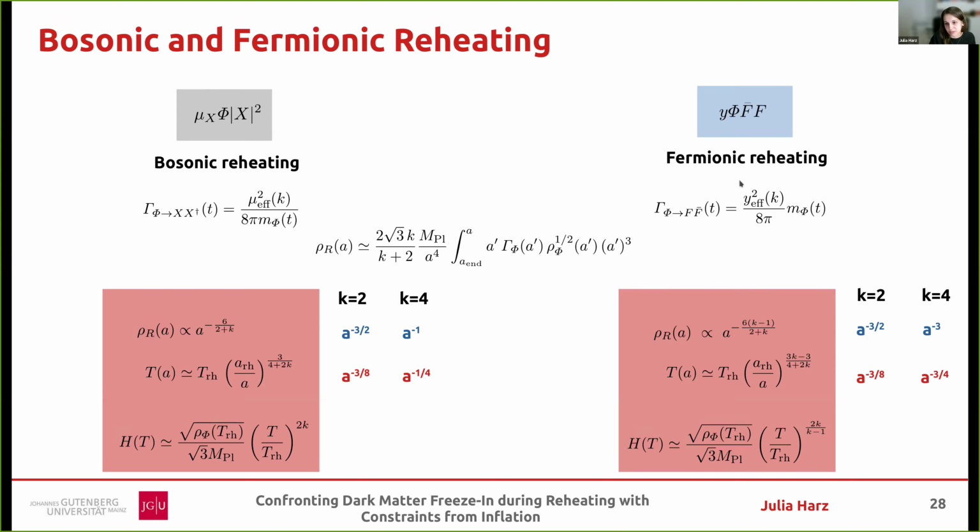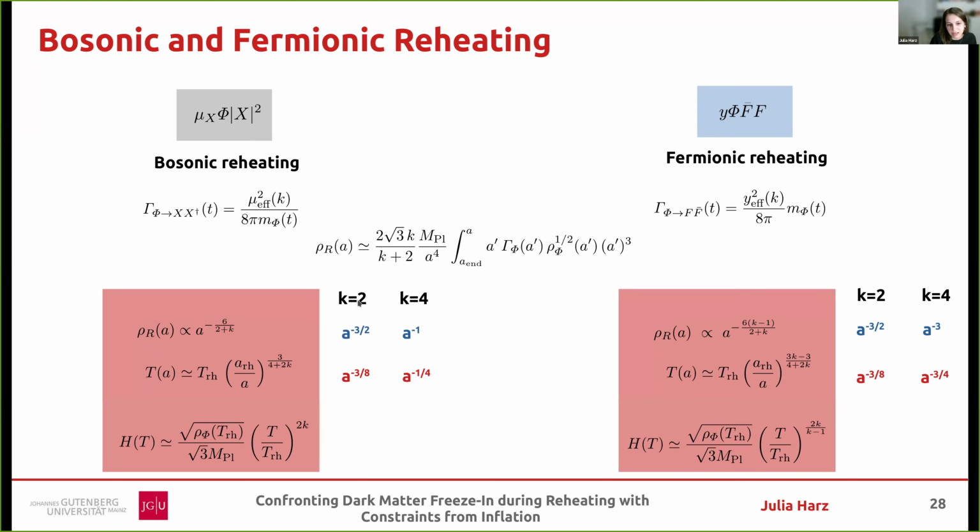I have the possibility of fermionic reheating, where I'm linear in the inflaton mass. If I have these rates, I can calculate the energy density of the radiation. And as I said before, we now depend on the reheating potential. Remember, this was phi to the k.